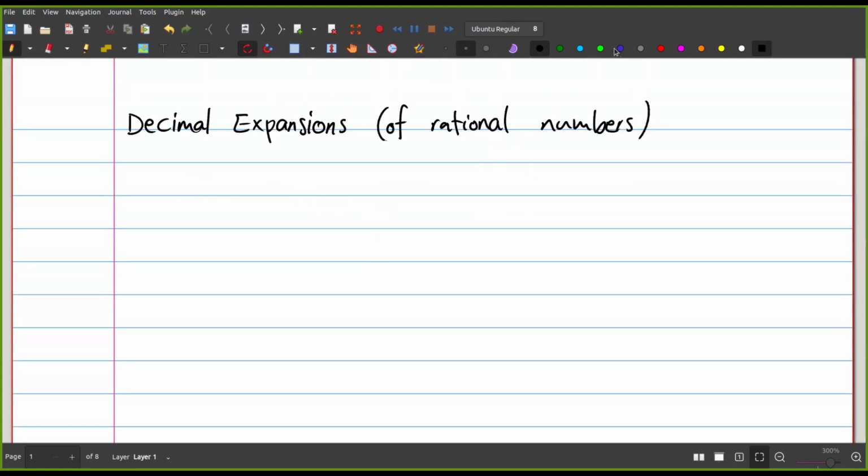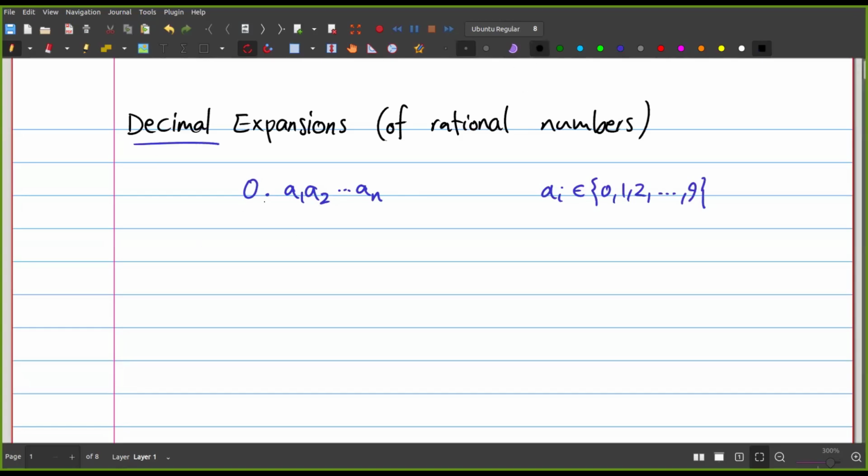So if I write something like 0 point and then some sequence of numbers, A1, A2, so on to AN, where each AI is a digit. So each AI is either 0 or 1 or 2 all the way to 9, because we're doing decimal, we're doing it in base 10. What does this mean?